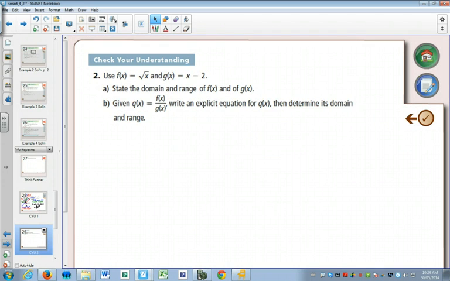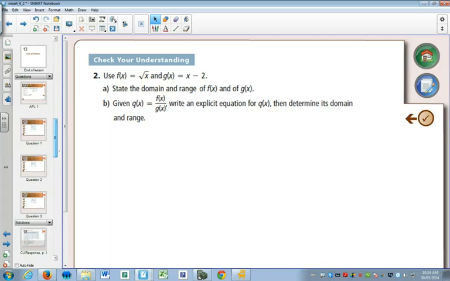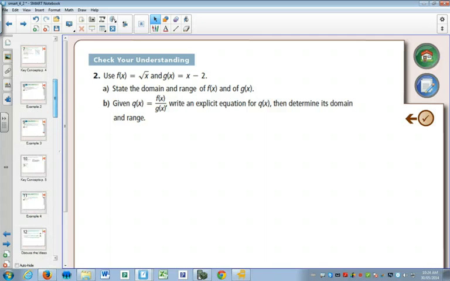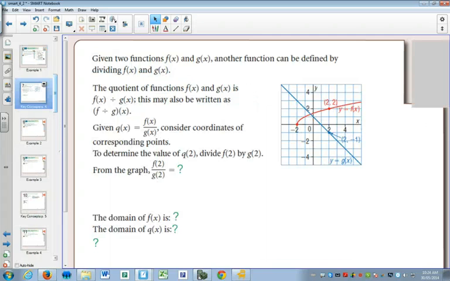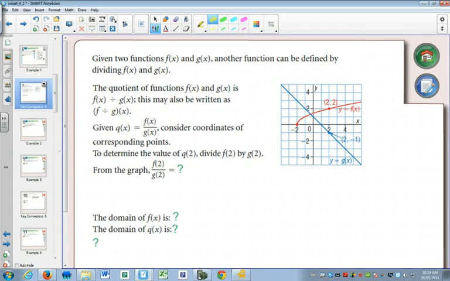Now, go back to our notes. We got some more highlighting to do. Quotient of two functions, again, the two notations. Also, notation that looks like this.